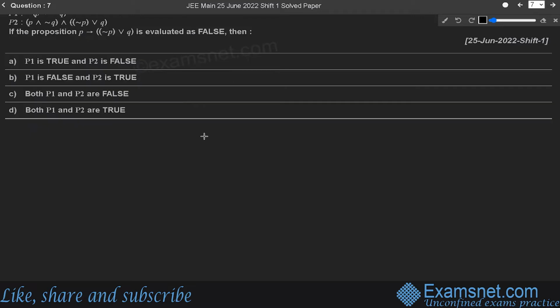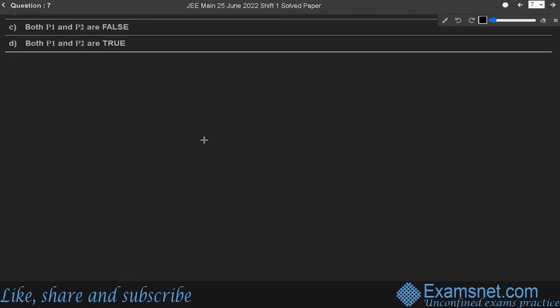So for understanding this question, let us draw a table which consists of P, Q, negation of P, negation of Q, negation of P union Q. Then P implies negation of P union Q. Again, P implies negation of Q. And negation of P implies negation of Q.